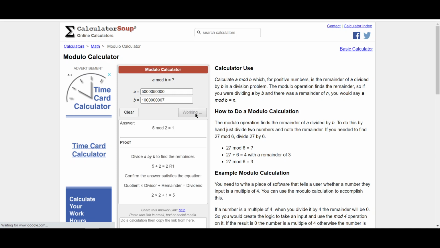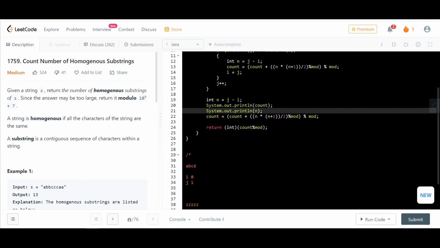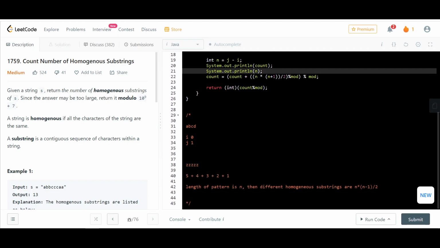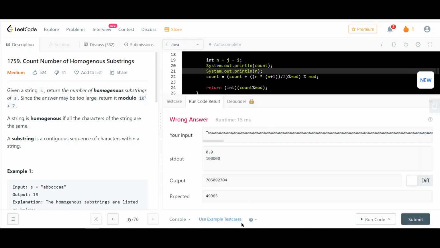Okay, calculate. The answer is 49965. And what you're getting seems to be not that. Yes, 49965, there's no problem.